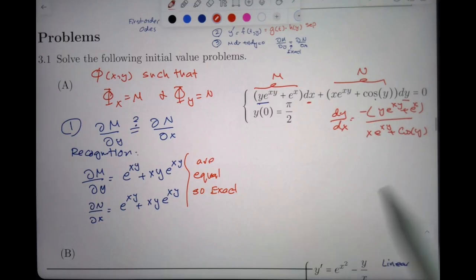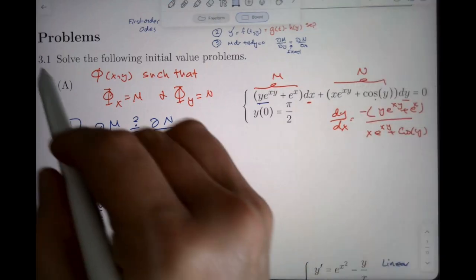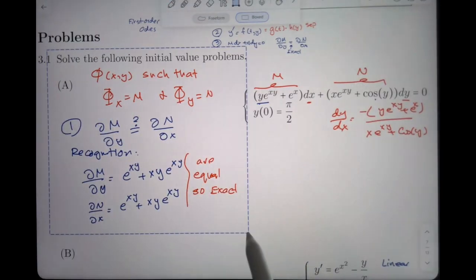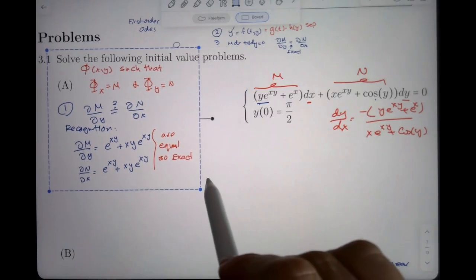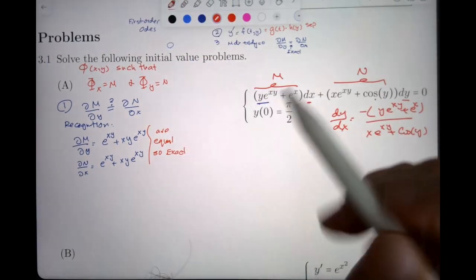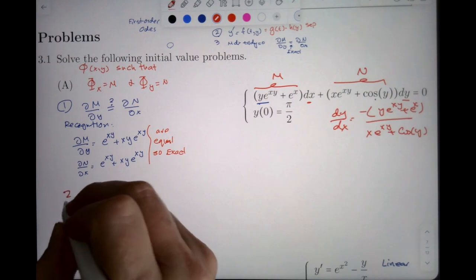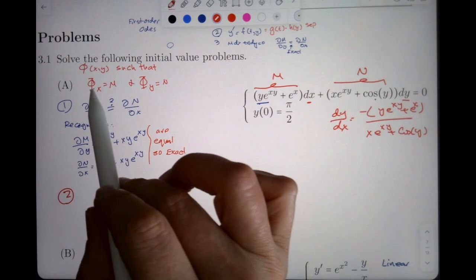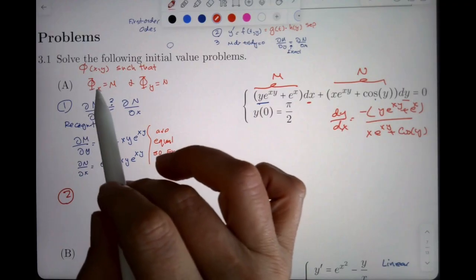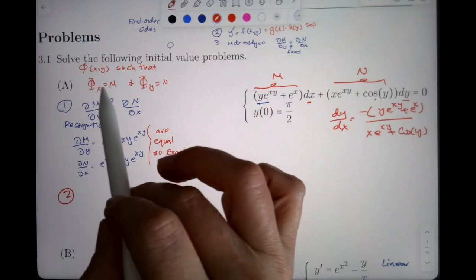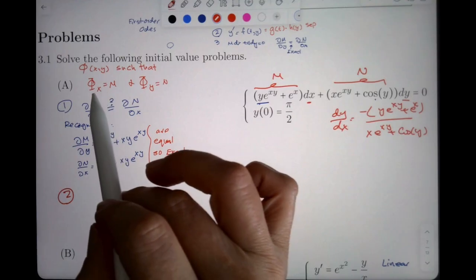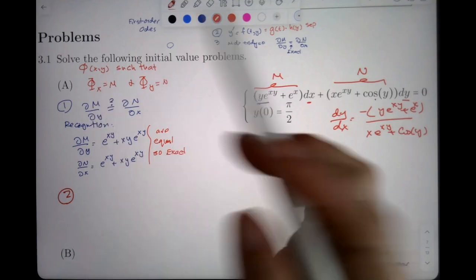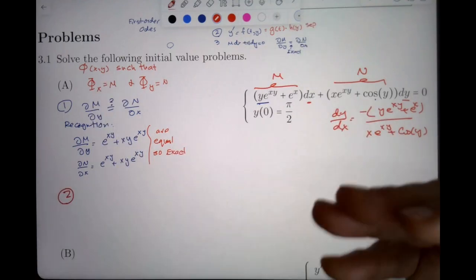Now the next step is to basically solve the exact equation. Solving exact involves a couple of things. First, you want to find a phi such that partial of phi with respect to x is m. It could be from either side.